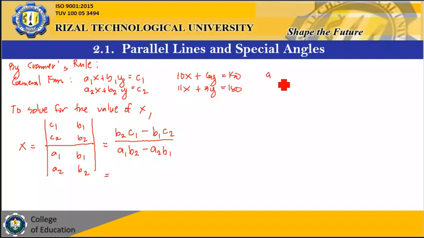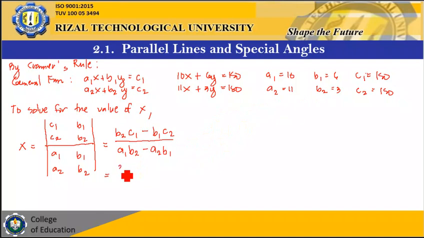So that a sub 1 here is 10, and then b sub 1 is 6, c sub 1 is equal to 180, and also a sub 2 is equal to 11, b sub 2 is equal to 3, and c sub 2 is equal to 180. Okay, just plug in.